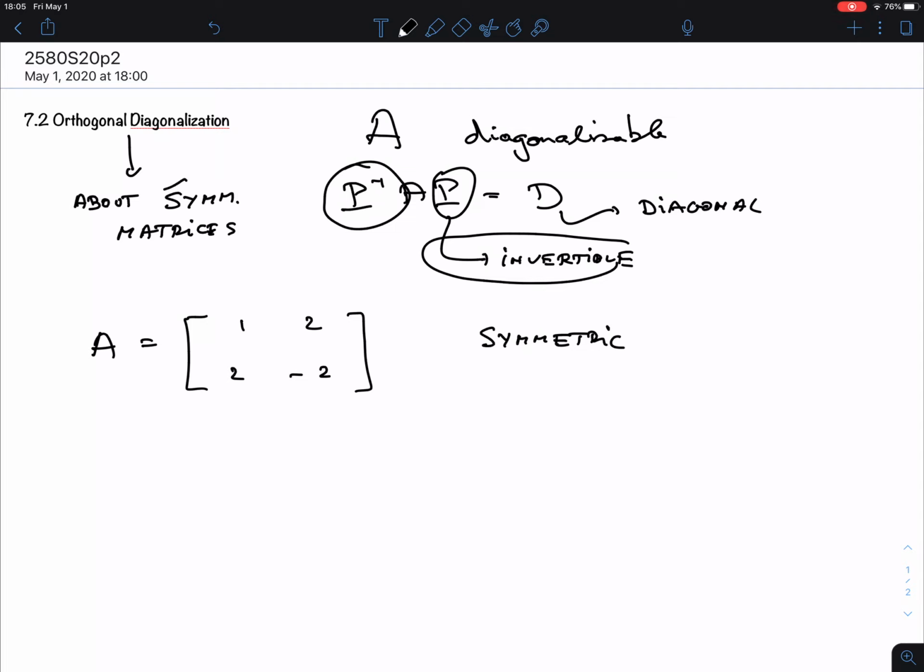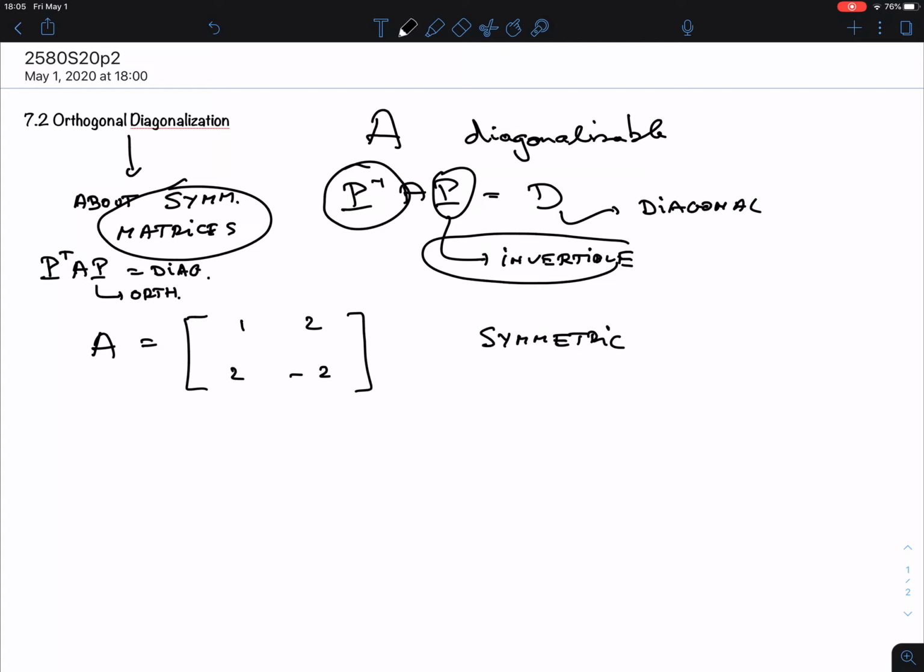So for a symmetric matrix, we're going to be able to find an orthogonal matrix P such that P transpose A P is a diagonal matrix. I don't need to write inverse here, I can write transpose, because the matrix is orthogonal. And of course this is much easier.